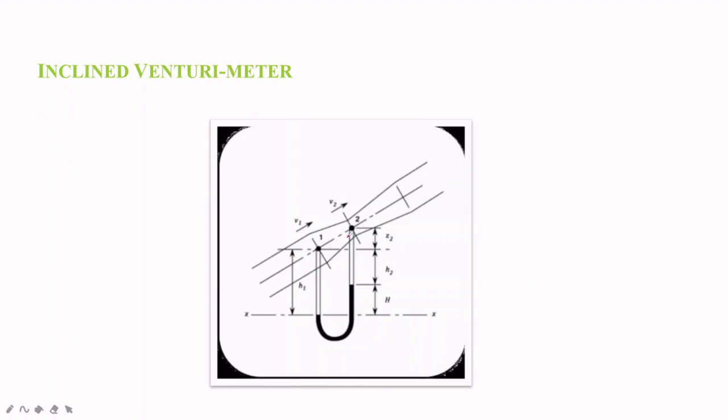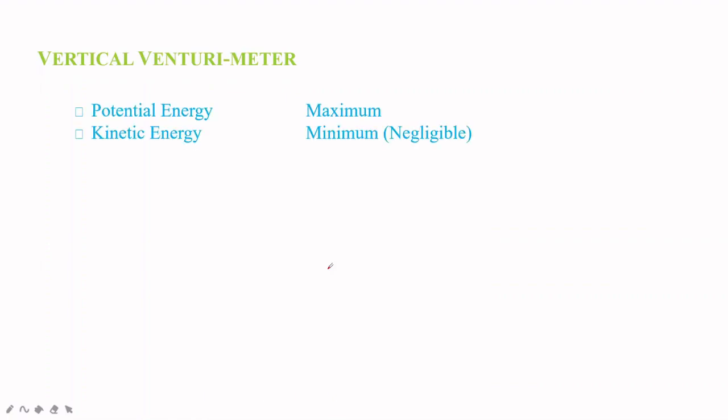Next is the inclined venturimeter. See here, the inclined venturimeter with the U-tube manometer, section 1 and section 2. I am showing the picture which we saw in the cases. Next, the vertical venturimeter.